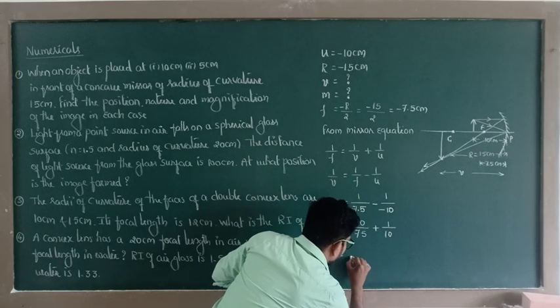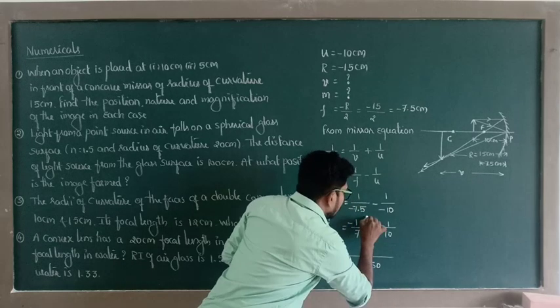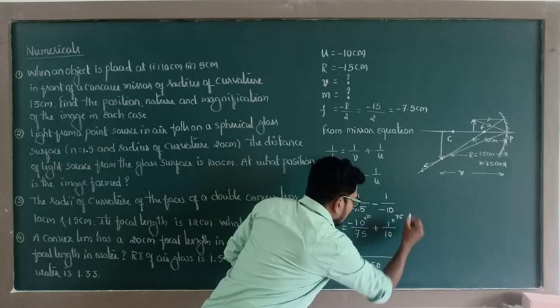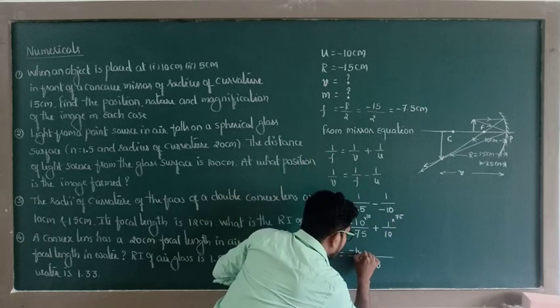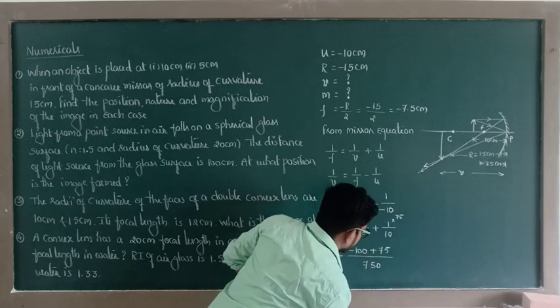Then this is equal to the LCM, 750, into 10 into 75. This is equal to minus 100 plus 75.